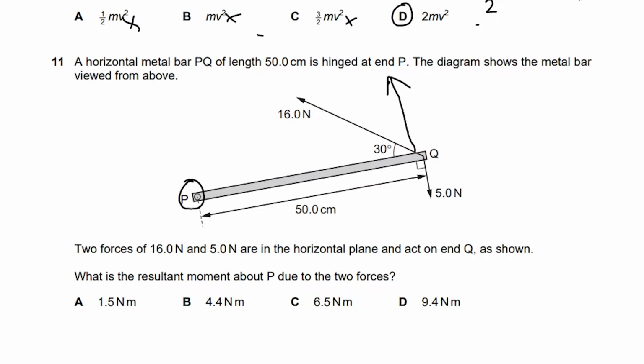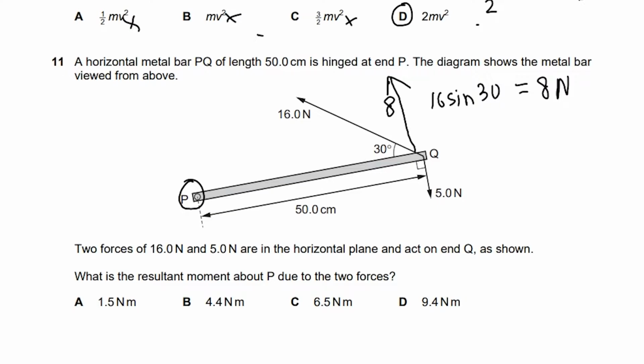In this case, the perpendicular component is the sine component, so the force that acts on it is 16 sine 30. Now sine 30 is 1/2 and 16 sine 30 is 8. So 8 Newton is the vertical component of the force because of the 16 Newton force, and 5 Newton is the other force.